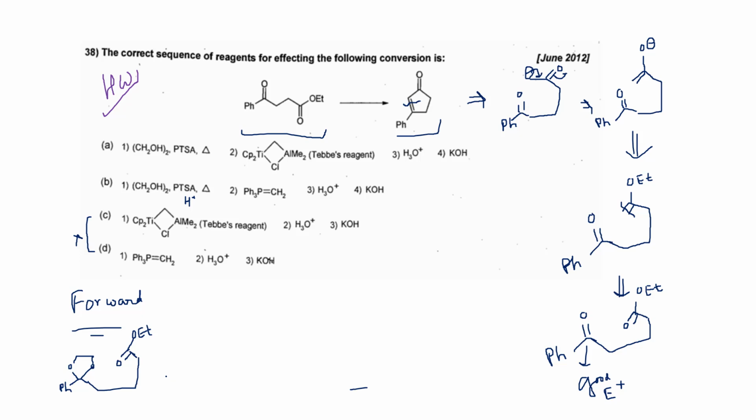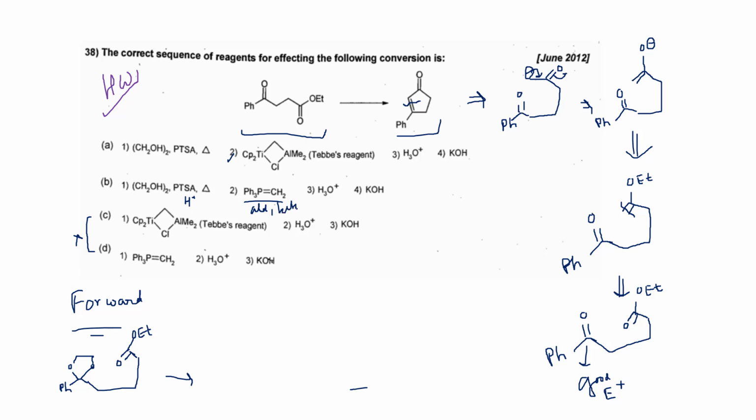So this will be protected now, and the ester is there. Now we have to make this CH2. Now we know that Wittig reagents react only with aldehyde and ketone, but Tebbe reagent can react with all of them: aldehyde, ketone and ester. So in this case we have to choose selectively the Tebbe reagent, because Wittig reagent does not react with ester. It will only react with aldehyde and ketone.